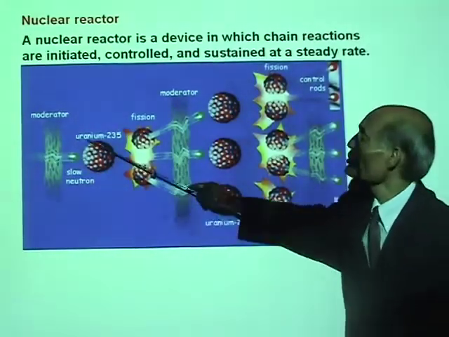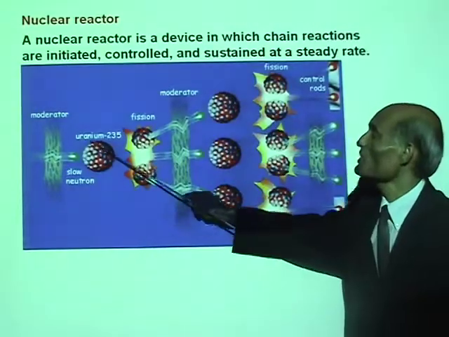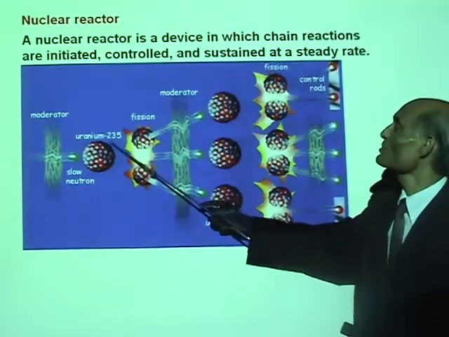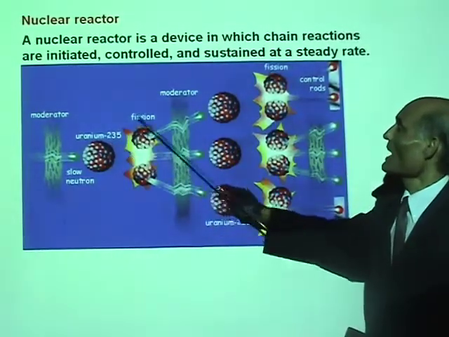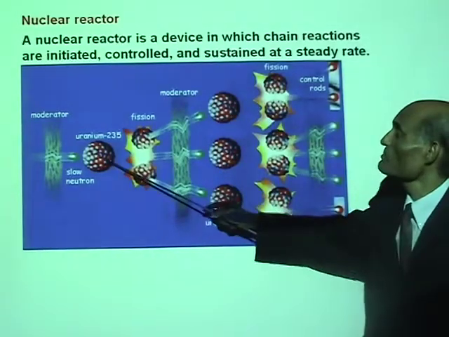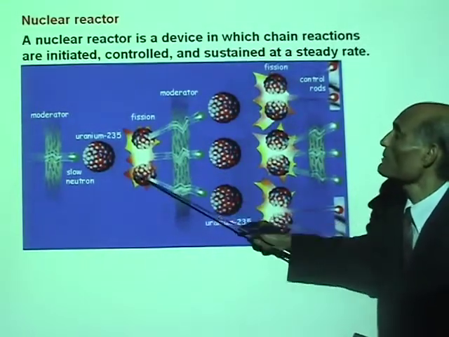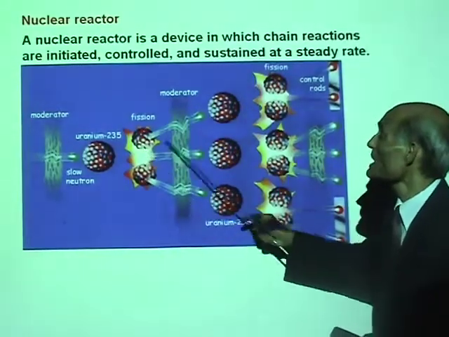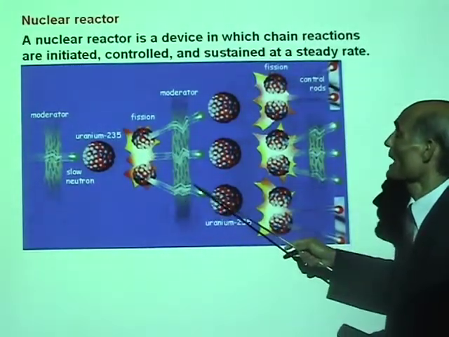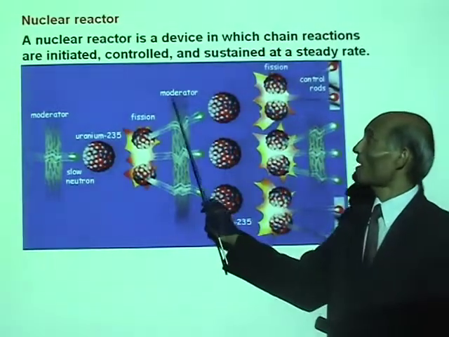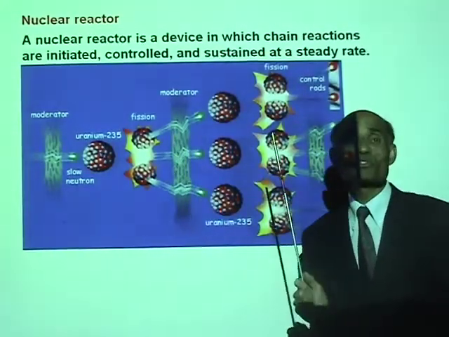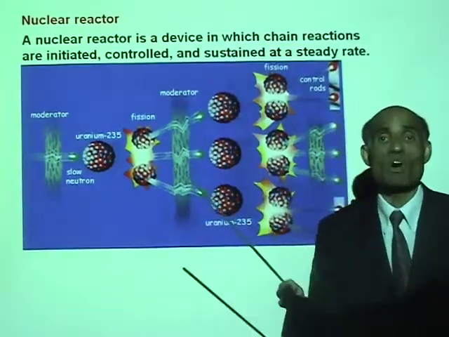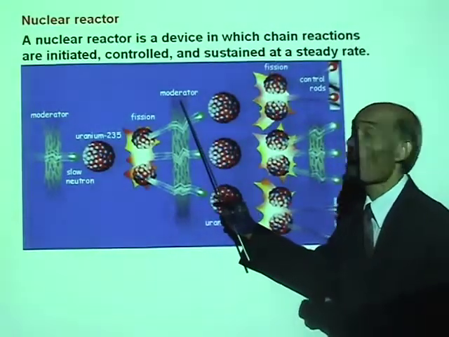A slow neutron produces fission in 1 uranium-235, and these are the fission products: barium, krypton, and a lot of energy, and 3 neutrons. Look at that. And now you have the material used for neutron absorption, called the moderator.